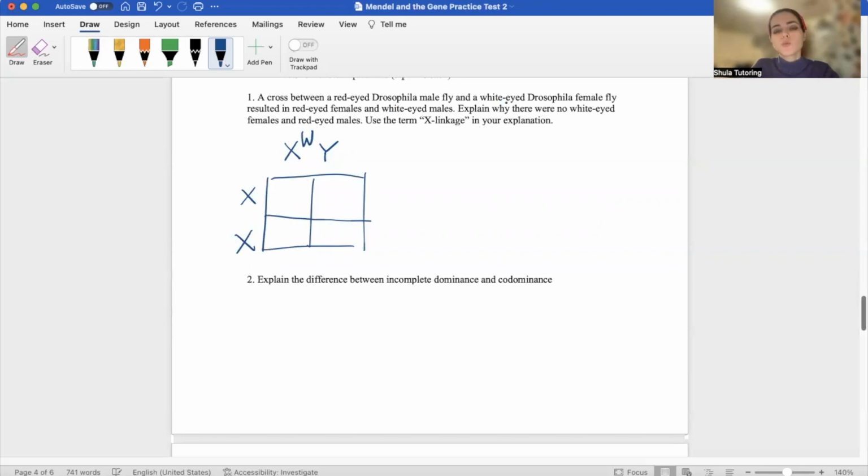The female is white-eyed. So in order for a female to express a sex-linked trait, if it's an X-linked trait, she needs to have two copies of it. So she needs to have that gene on both X chromosomes. So let's see what offspring they can produce.